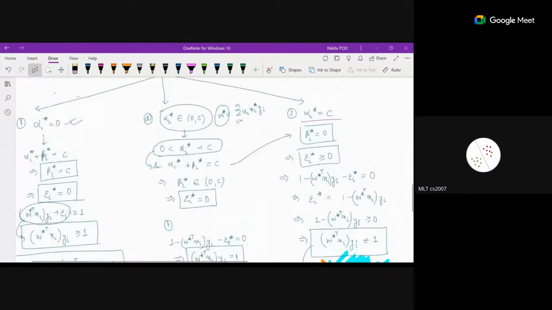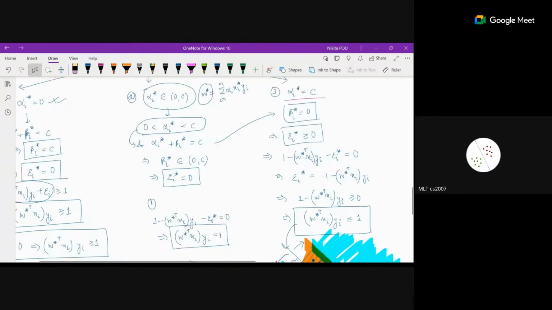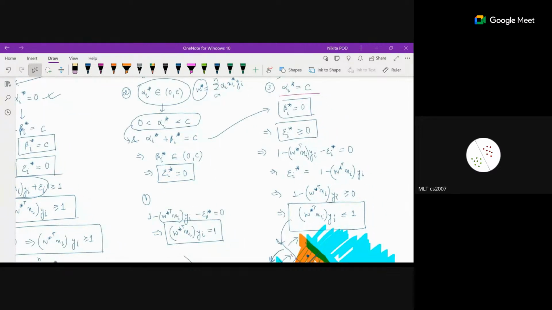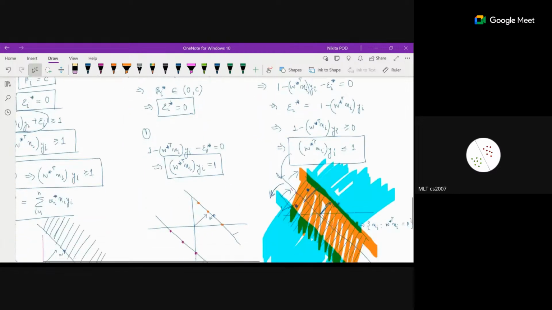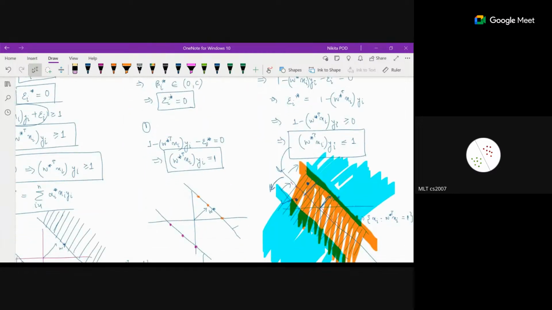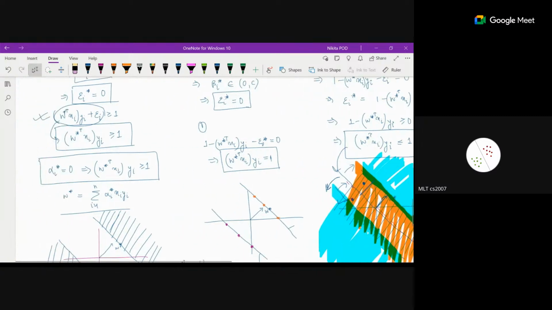And the third case was when my alpha i star was exactly C, and I know that these are the points which will be the most important to us. These points are either incorrectly classified or classified correctly but with not enough margin. So in summary, this is what we have seen for soft margin SVM.